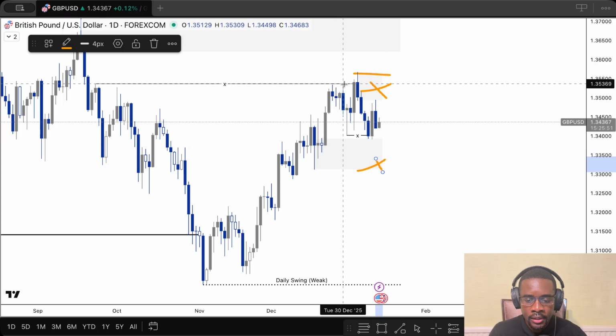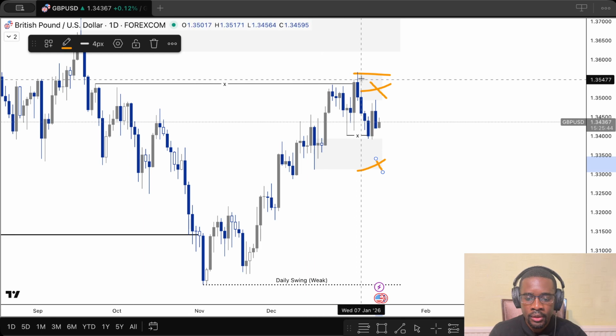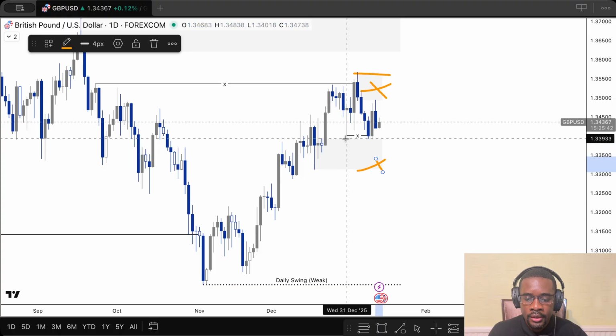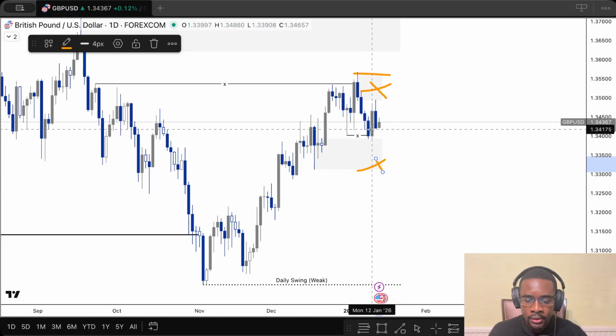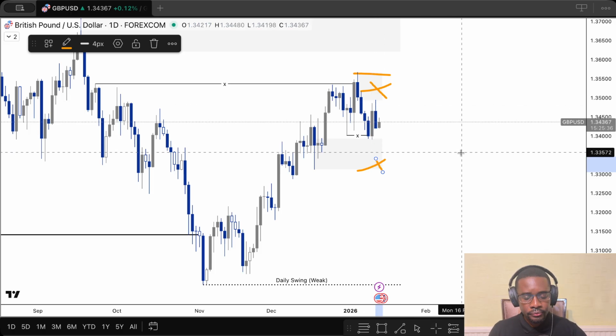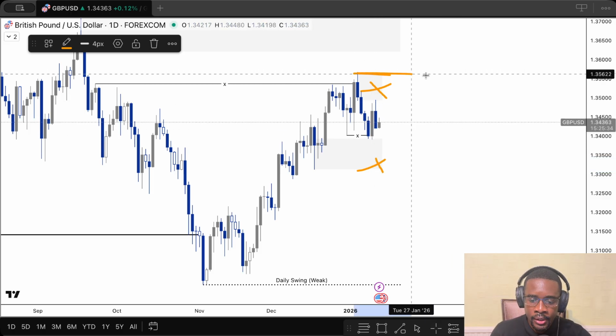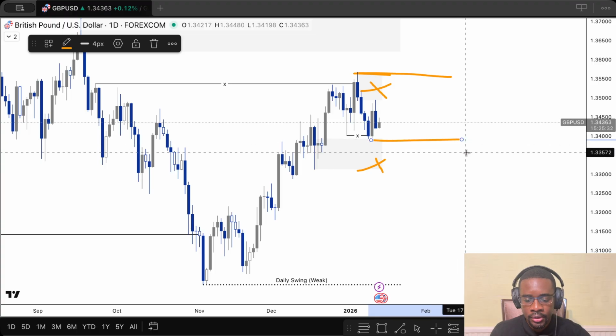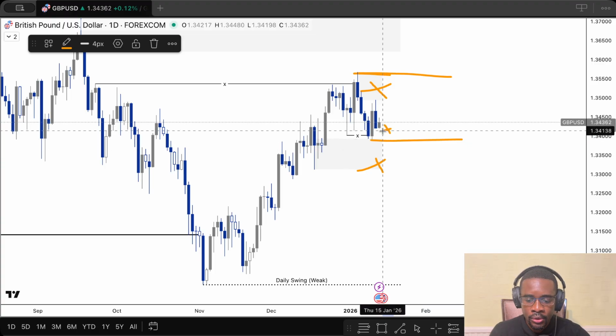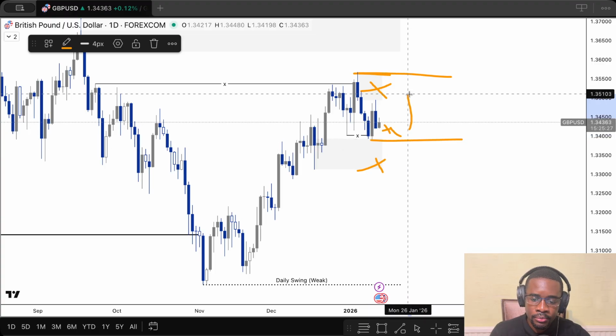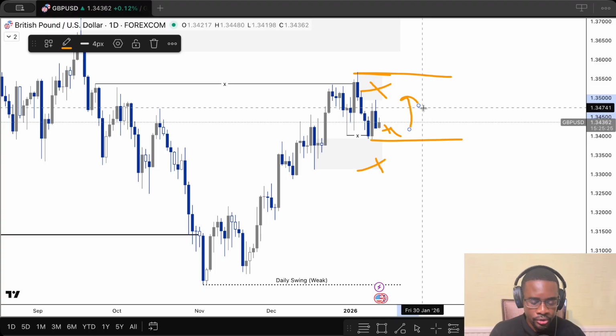But as it stands, we just had a tiny movement above these highs, and then immediately we pulled back. And same here, we had a small movement below, and then immediately pulled back up. So in a way, we are just within this range. Obviously we are still at the low of the range, so it's possible that price could continue bullish.